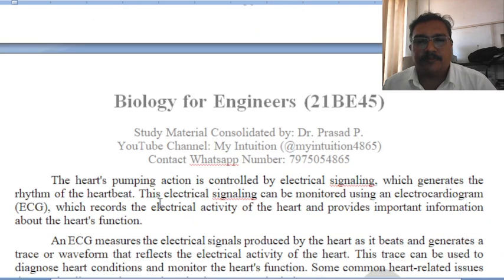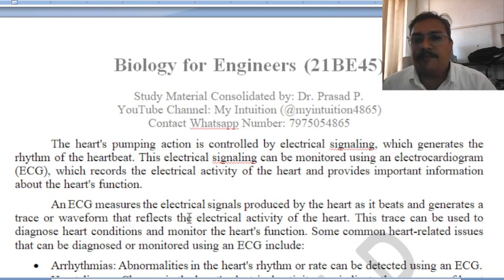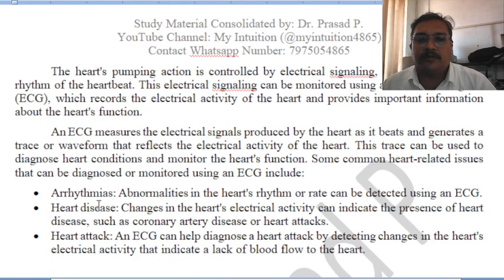The heart's pumping action is controlled by electrical signaling, which generates the rhythm of the heartbeat, and this rhythm can be monitored using the ECG, which records the electrical activity continuously. An expert can see the ECG waves and analyze what is happening to the heart. Mention the different heart-related issues which can be diagnosed by seeing the ECG chart, by analyzing it for a given time period.